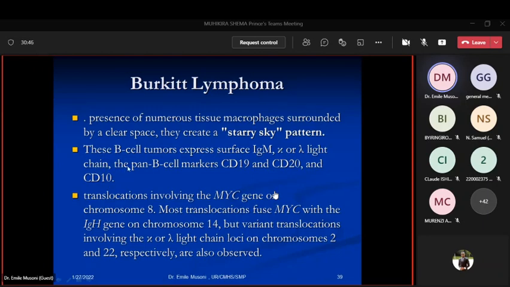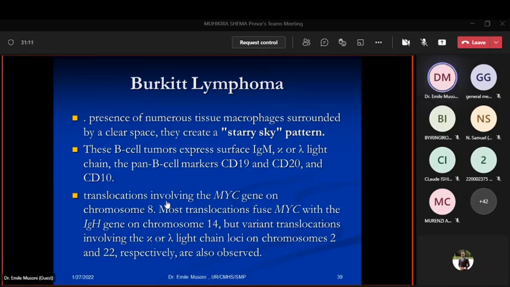After diagnosis of Burkitt lymphoma, with advanced technology, you have to do molecular testing, where we see the translocation involving the oncogene MYC gene. I've seen it in general pathology, those genes involved in cancer.